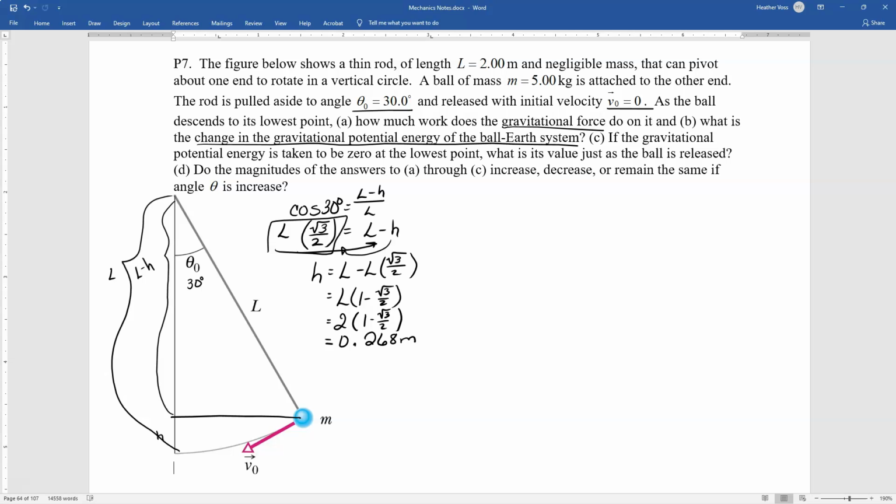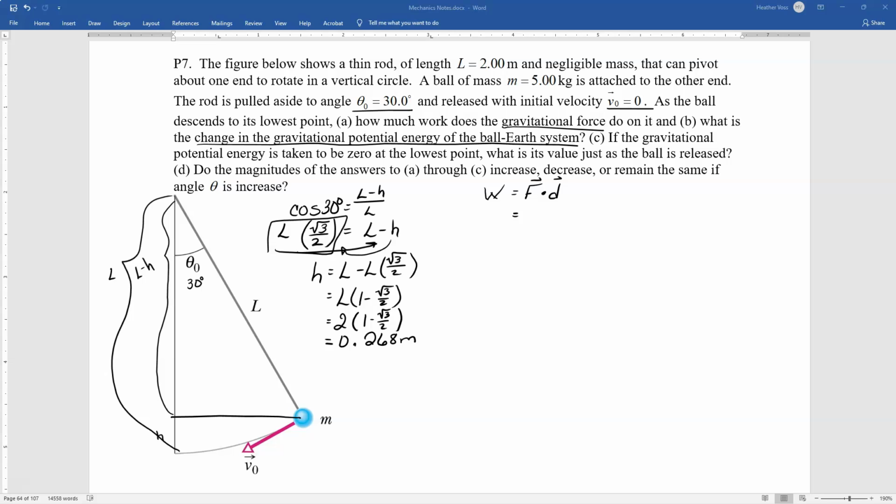So here we go. How much work is done by this gravitational force? What do we know about work? Work is going to equal the force dotted with the displacement. These are vectors, right? I could do this a couple of different ways. I could do F d cosine theta.